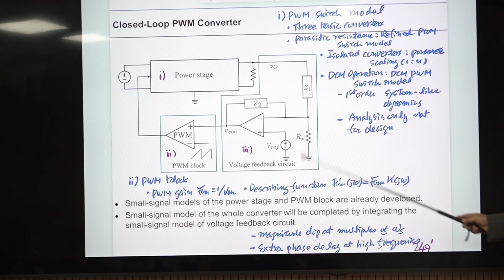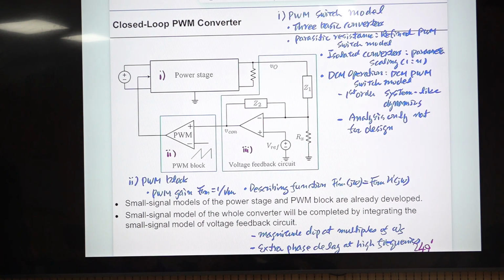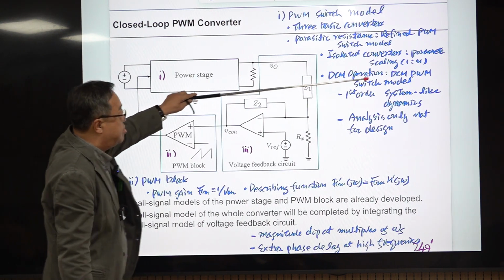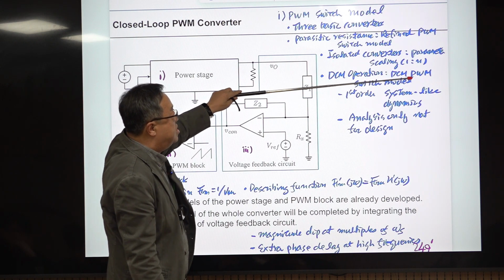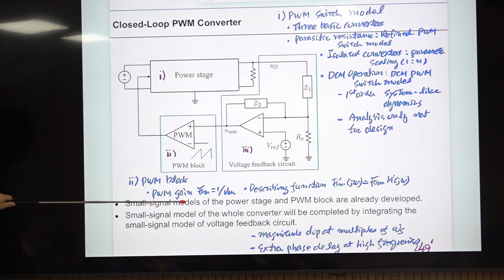Okay, so that was it. So the power stage small signal model is completed for all types of PWM converters, including the parasitic resistance and isolation transformer, even in the DCM operation. And this block, the PWM block, is very simple to model.